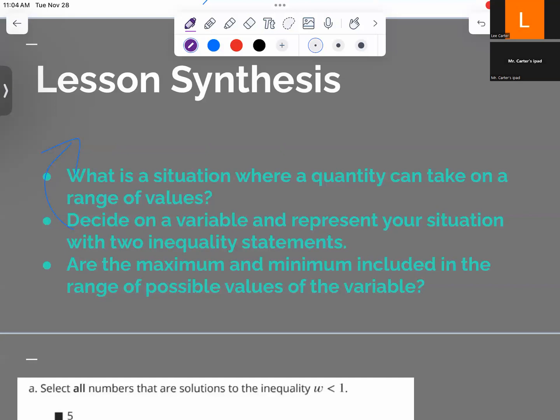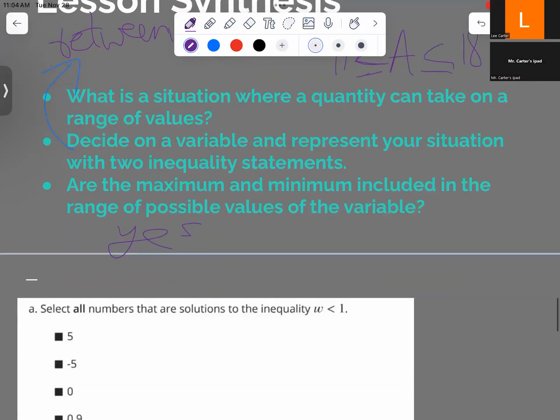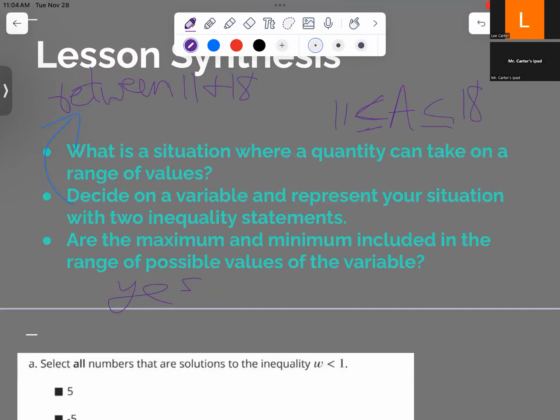So if I say you have to be between the ages of 11 and 18, or let's pretend we're including that. So your age has to be, I'm going to use A for age. It's got to be greater than or equal to 11 and less than or equal to 18. And so I included that. So that's a yes because I put less than or equal to. That's the kind of situations we're talking about here.